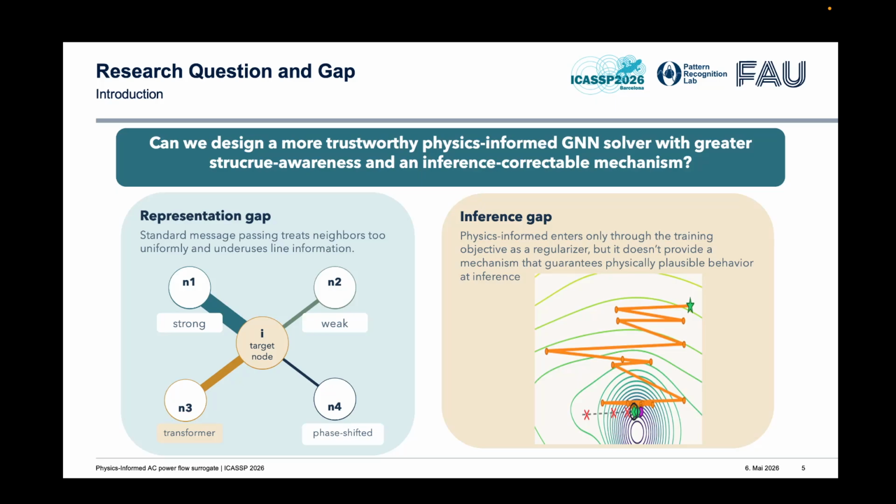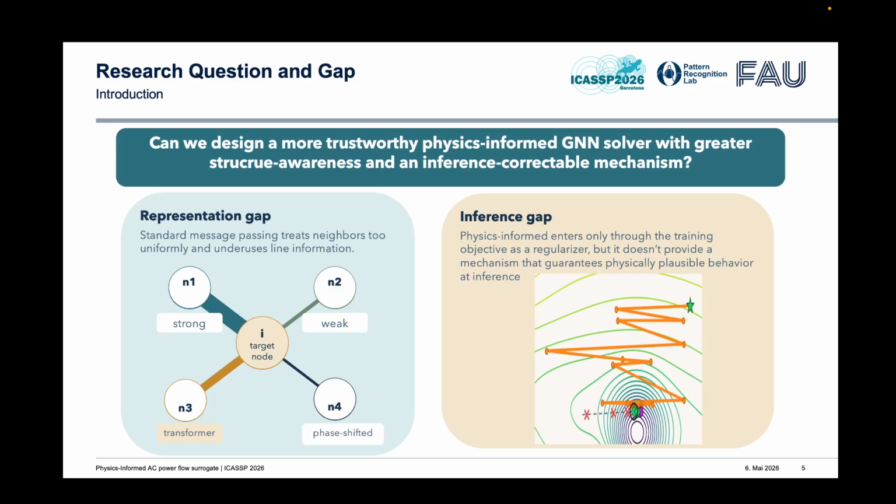The representation gap is caused by the uniform message aggregation through the multi-layer perceptron. And second, the inference gap is caused by the inoperative physics loss at inference, since the physics-informed part enters only through the training objective as a regularizer.